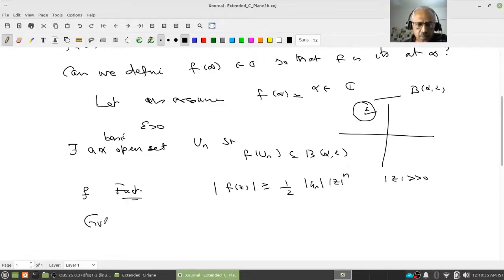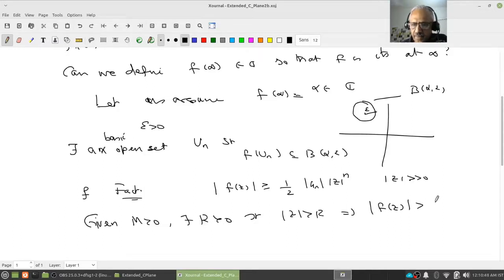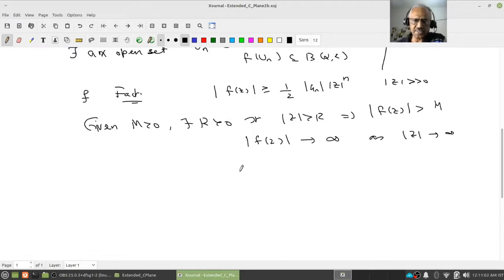Given M positive, there exists R positive, so that mod z greater than R implies mod of f of z is greater than M. This is the same as saying, if you learn analysis from me, mod f of z goes to infinity as mod z goes to infinity. This can be defined in our context; I will come to that later. Is this clear? So I am going to assume this fact.